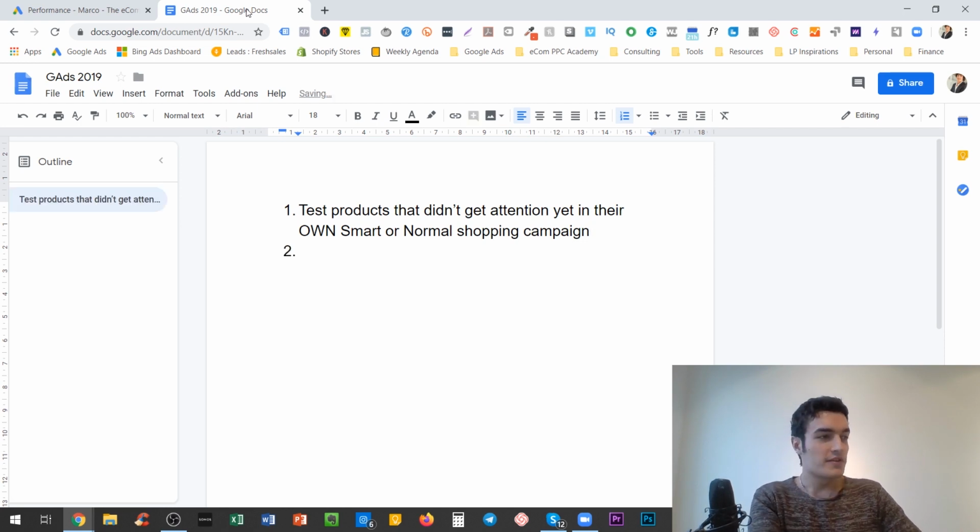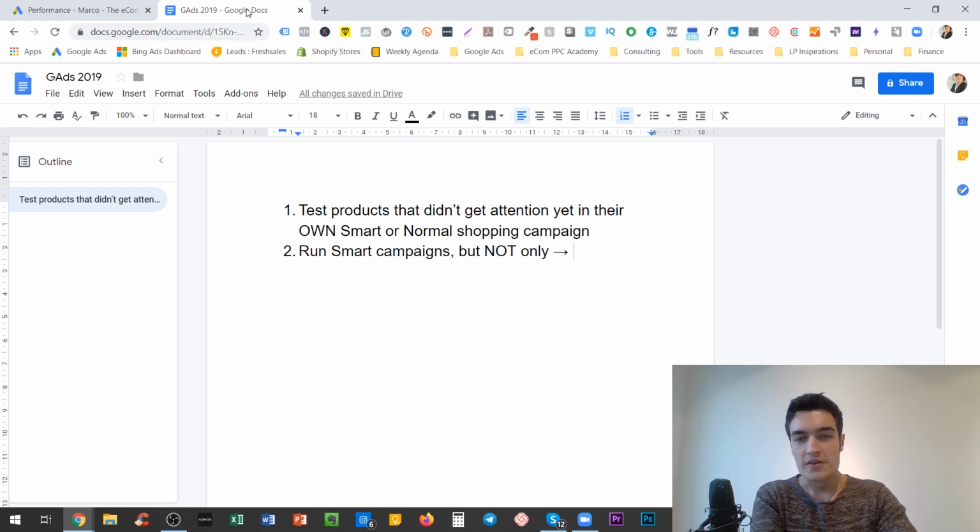Then the second point, let me check here on my little notes on the left-hand side, is run Smart campaigns, but not only. And what I can also recommend with Smart Shopping is that you should use anywhere between sort of 20 and 50% of products in your overall Smart Shopping campaigns.